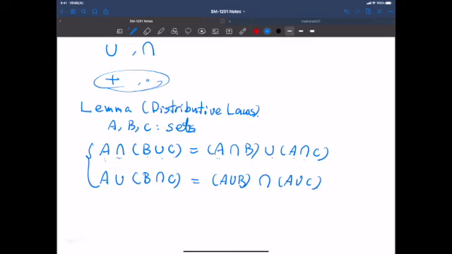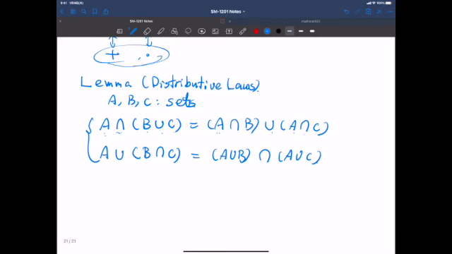In many cases, ∪ operation, so union, is similar to addition of numbers, and ∩ or intersection operation is similar to multiplication of numbers, but they are not exactly similar. Okay.